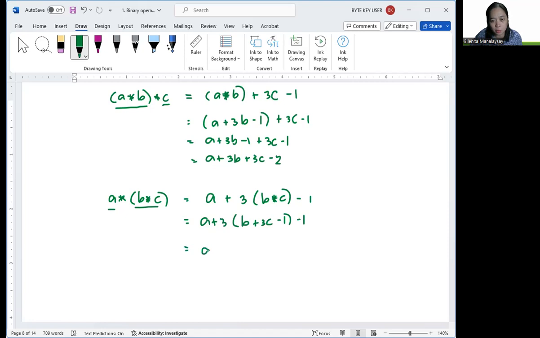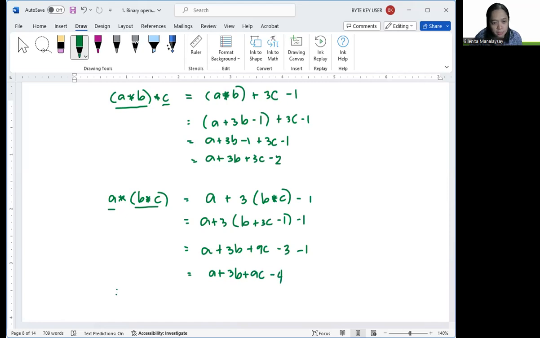Then let's distribute: A plus 3B plus 9C minus 3 minus 1. So this is equal to A plus 3B plus 9C minus 4.